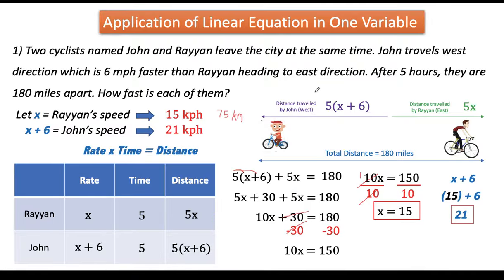Then 21 times 5 is 105. Since John is faster than Ryan, he travels 105 kilometers after 5 hours with his speed. If we add them together, 75 plus 105 makes 180 miles apart, and that is in our given. Since it satisfies our given problem, these are the two answers.